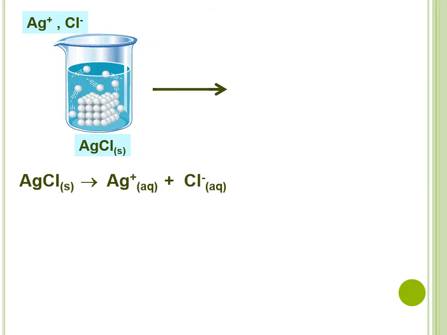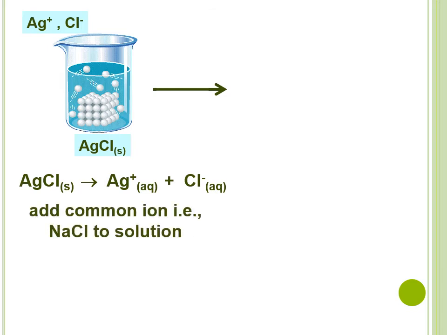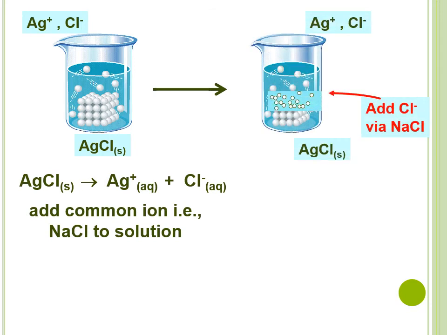What will happen to AgCl solid precipitation in the solution if we add a common ion Cl- from the sodium chloride?